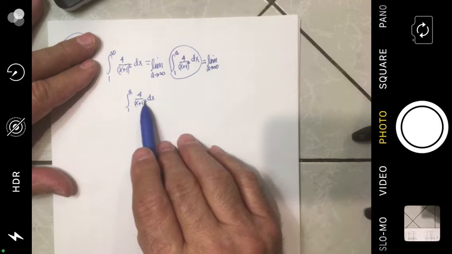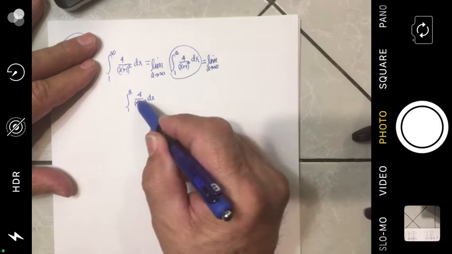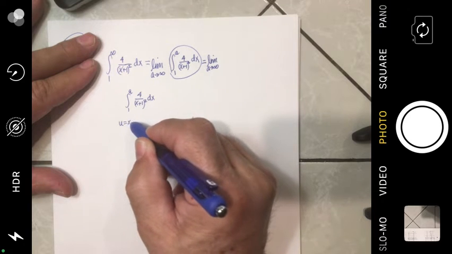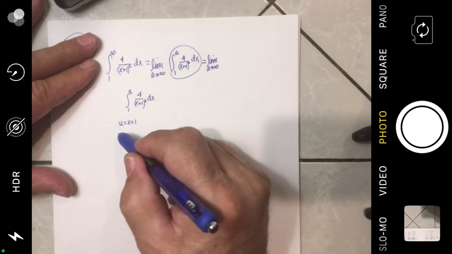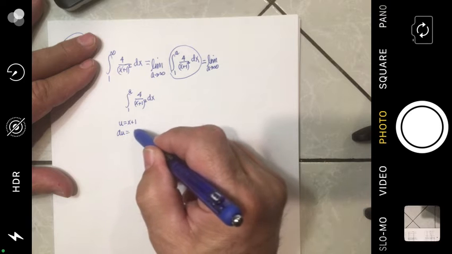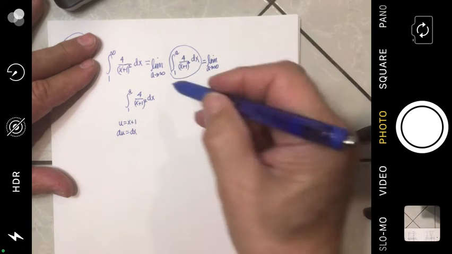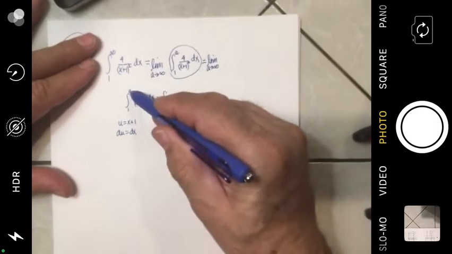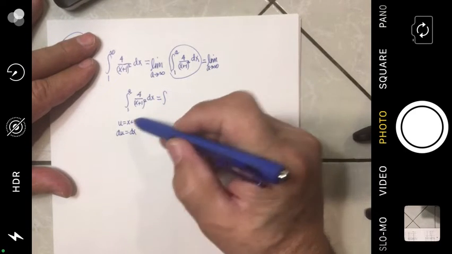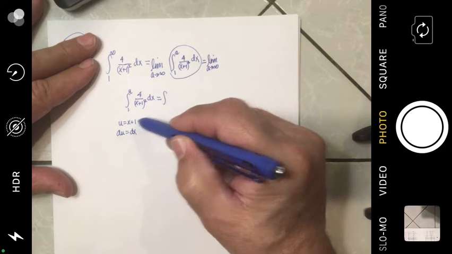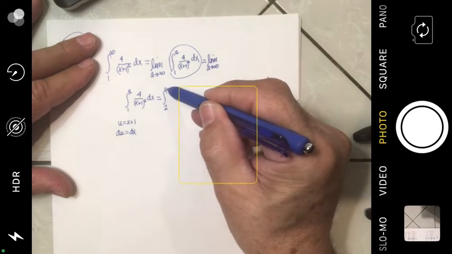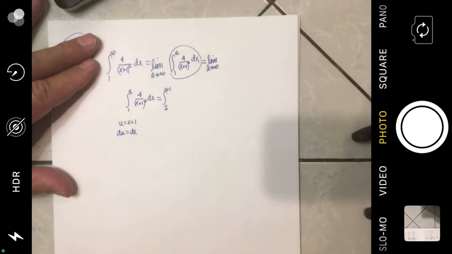When you've got something like this, we can let u be that mess. We can let u be the x plus 1. du would equal dx. And so the limits would no longer be 1 and a. You could put in 1 here and it would be 2, and a here would be a plus 1 if you want.